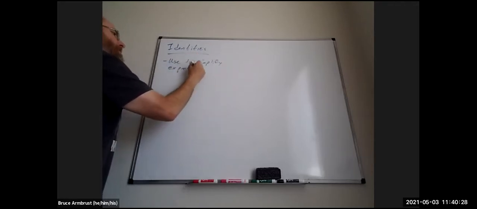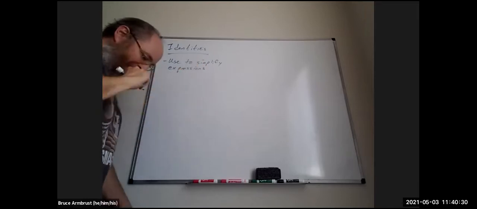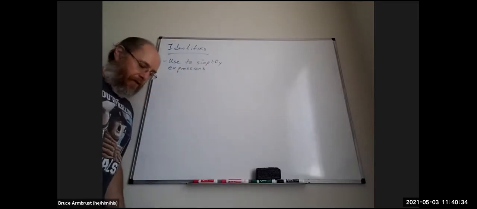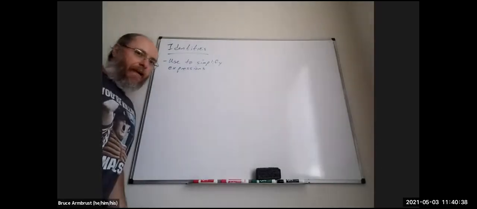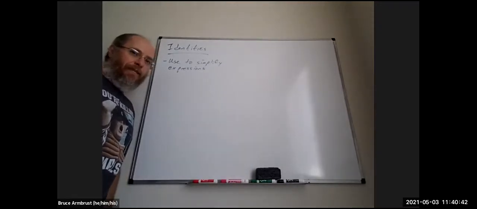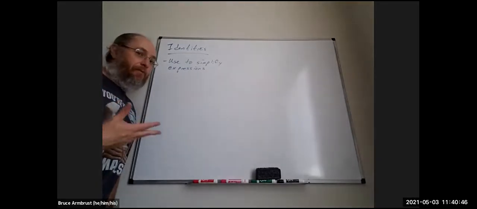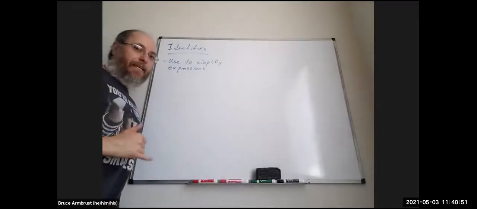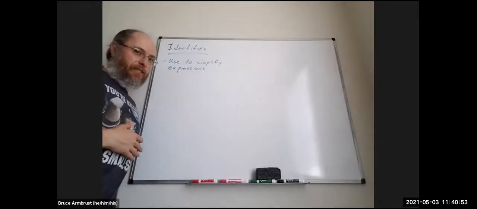Because we can actually have some pretty big, ugly, nasty looking expressions that really simplify down nicely. And I'm going to show you some examples of that today. That's really the rationale behind this. So that's one of the things that we tend to use identities for a lot, is to just simplify things.